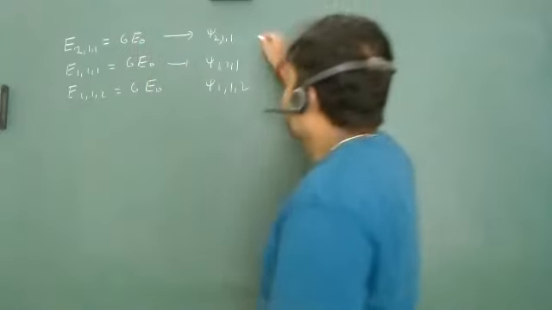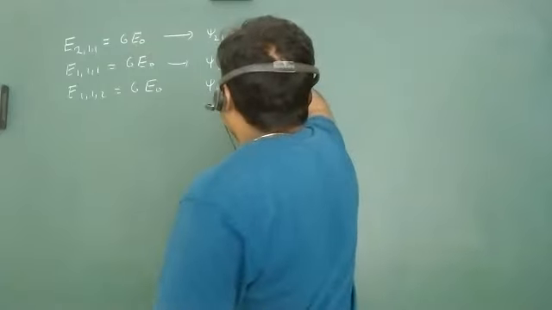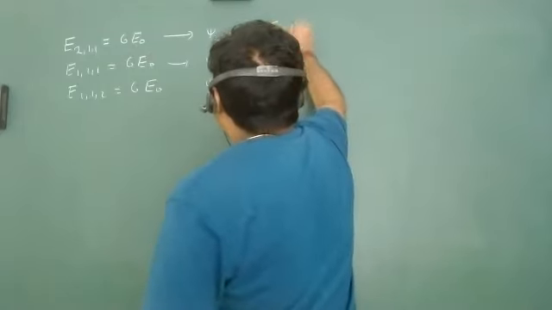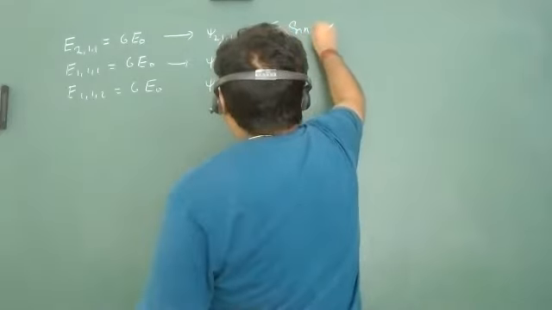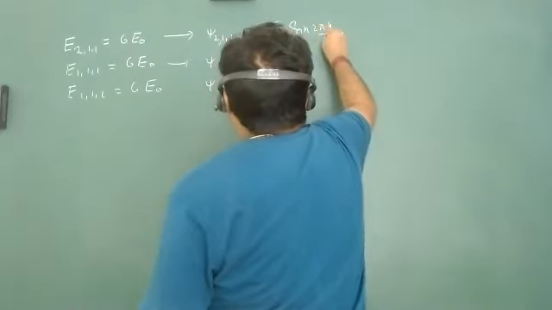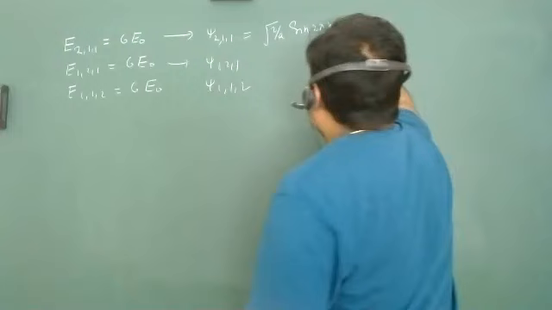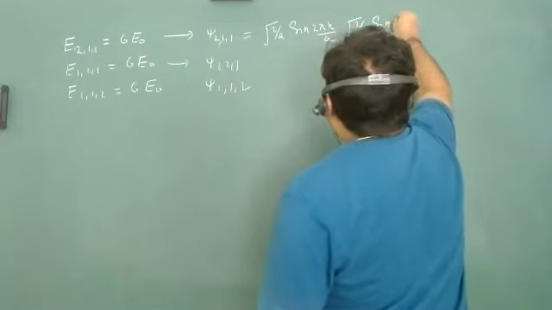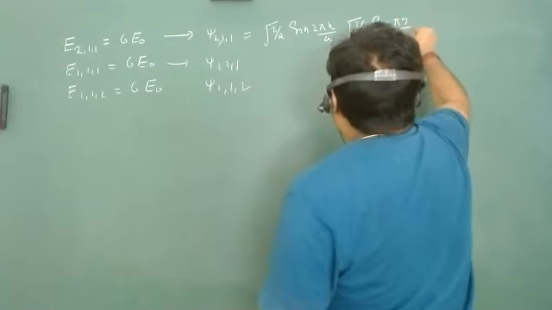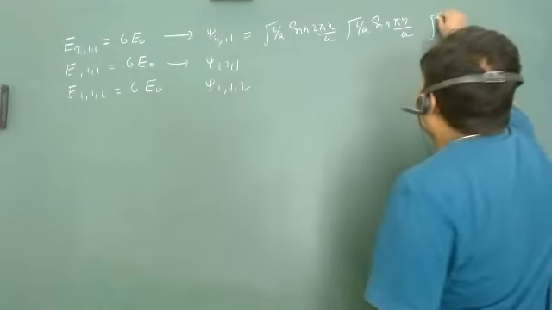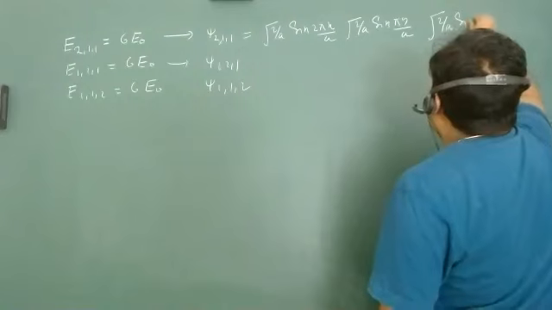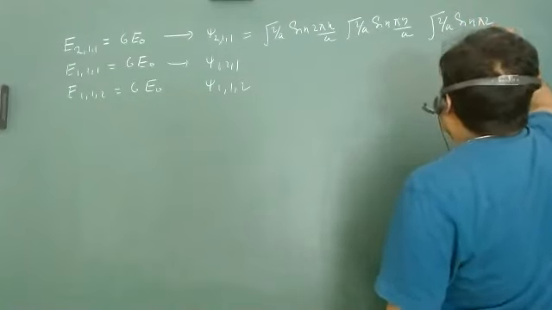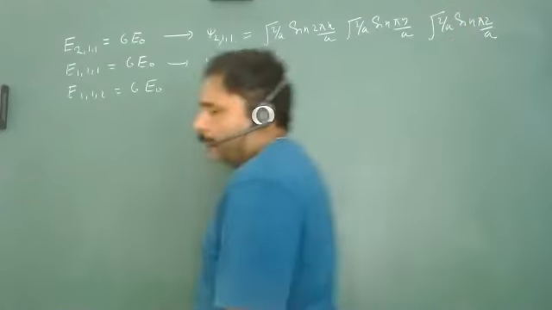And what is this psi 211? This will be root 2 upon a sine 2 pi x upon a, root 2 upon a sine pi y upon a, and root 2 upon a sine pi z upon a.